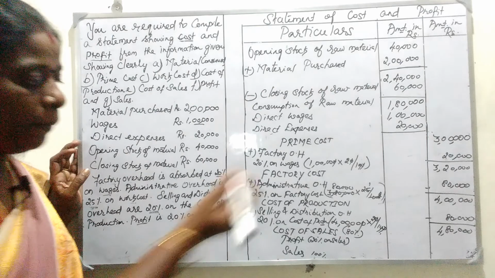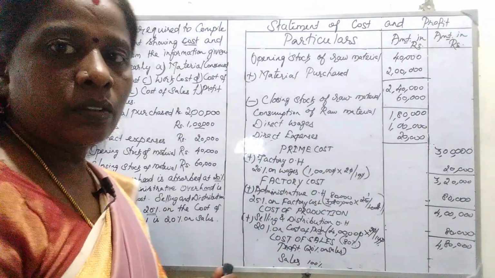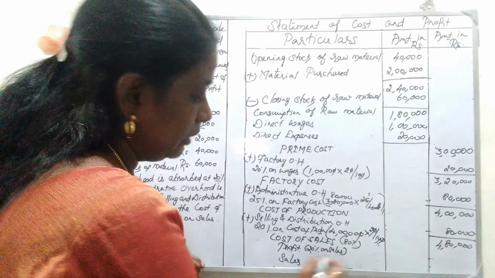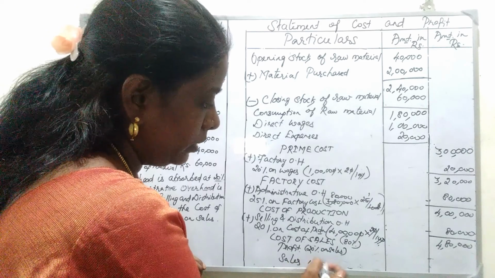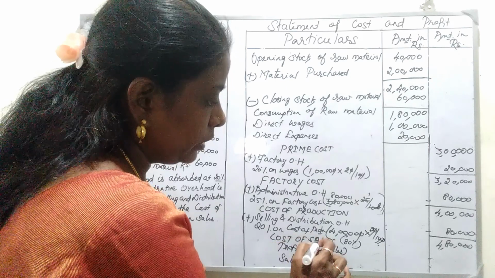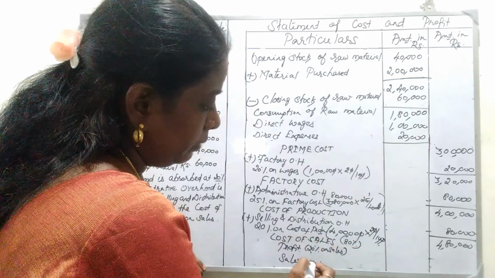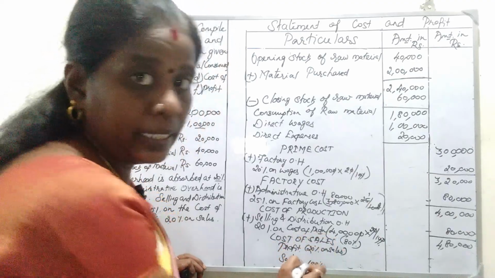Okay, got it? So the profit is 20% on sales, therefore sales is 100%. On sales, profit is 20%. Therefore, the cost of sales is the balance 80%. Because cost of sales plus profit equal to sales.